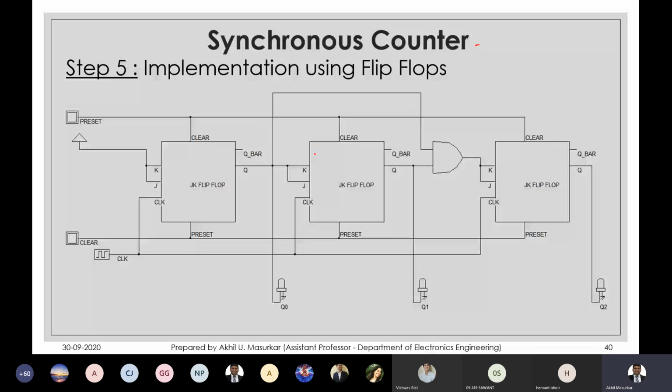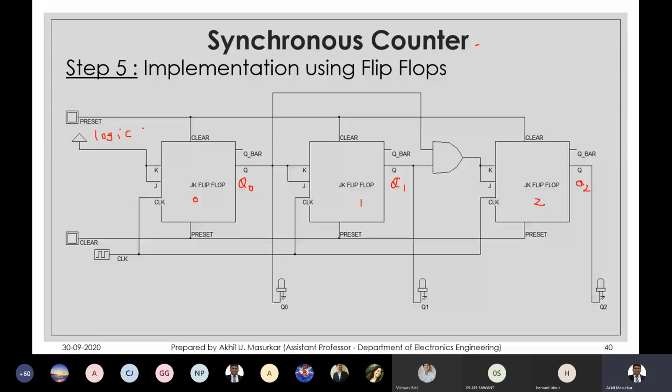Then you can see this is my Q0, this is my Q1, and this is my Q2. So this is JK flip-flop number 0, 1, and 2. J0 and K0 are permanently connected to 1.